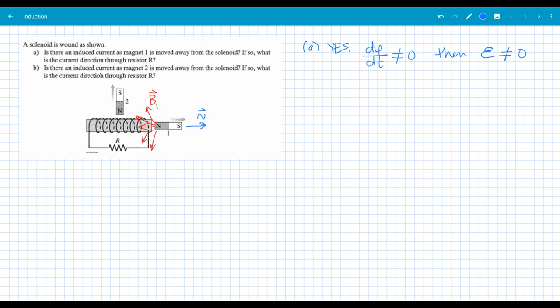So as the magnet is withdrawn, the leftward flux decreases. I'll write this out.